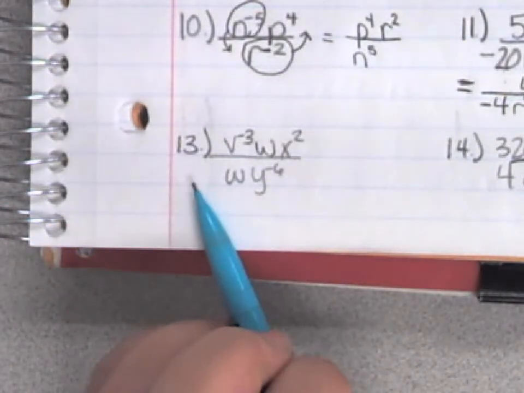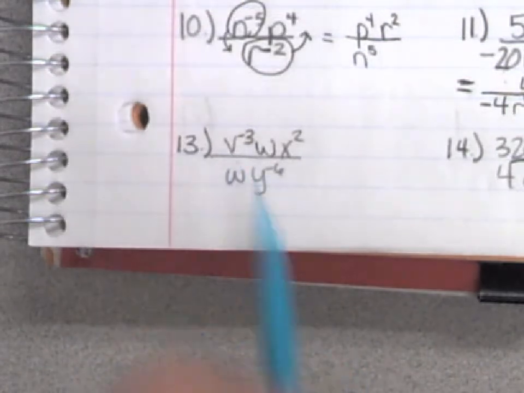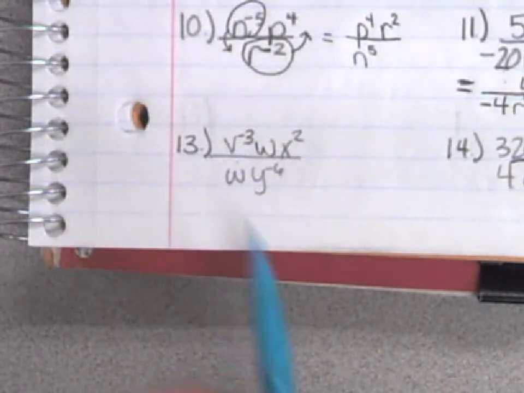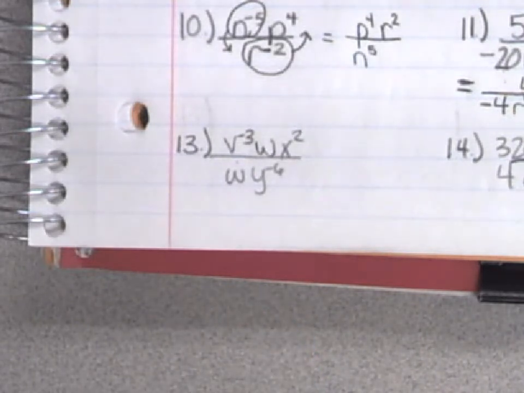Okay, my 13 here, 12, is v to the negative 3rd, w, x squared, all over w, y to the negative 6th. So friendly hooligans, what are we going to do first? I just move left to right. So if you can't think about which one comes first in the alphabet, you can always just move left to right.